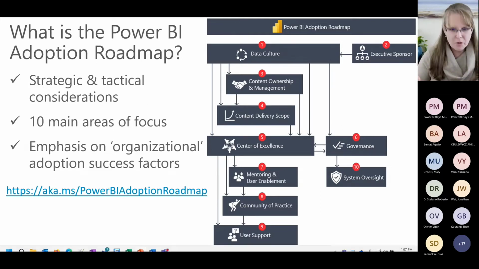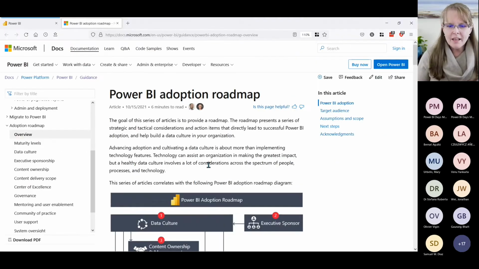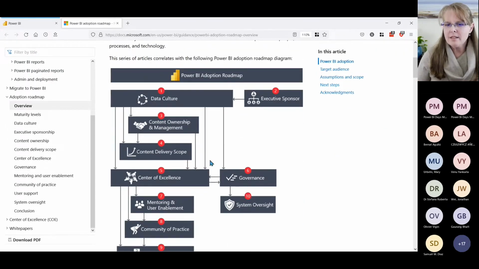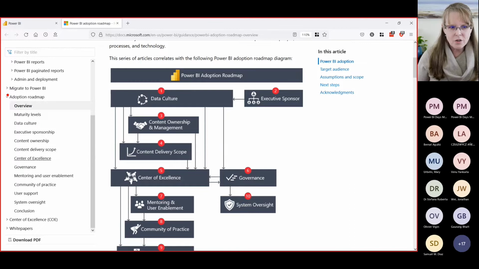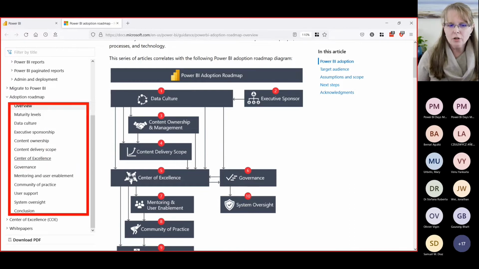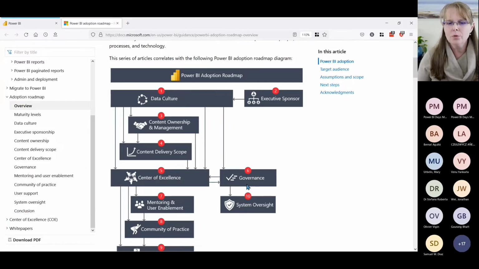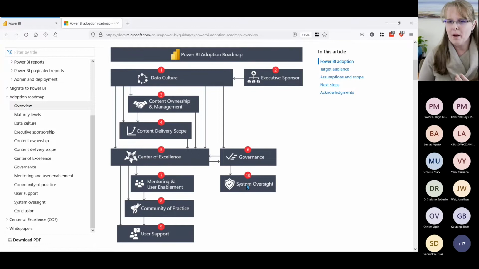If I pop over to it real quick, each one of the boxes on this diagram relates to one article. So each one we go into at least a little bit of conversation about things to think about.